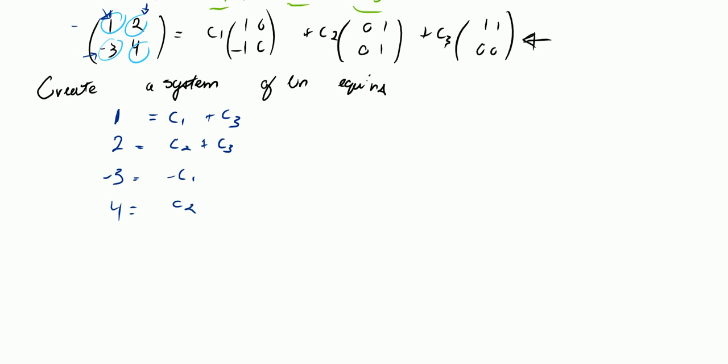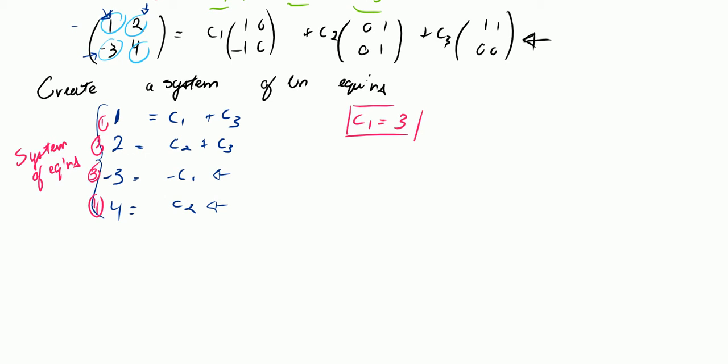So I'm not going to put this in matrix form, because I think if I just use these two equations, I can solve for c3 in my other two equations. Let me label these 1, 2, 3, 4, and this is my system of equations. Already I know that c1 is equal to 3, I just multiply both sides by minus 1, and that c2 is equal to 4.